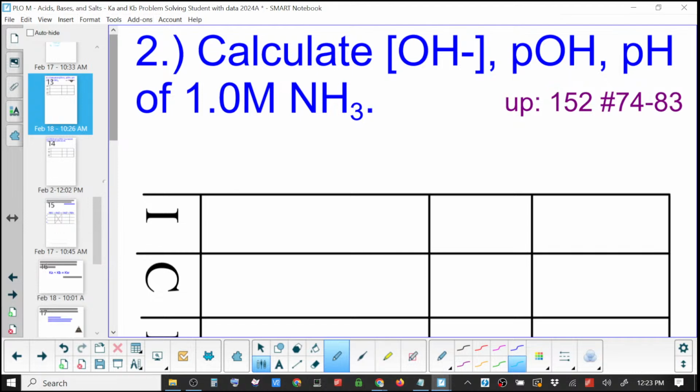Yeah, we can find the K. KW equals 1 times 10 to the negative 14. So you subtract it? How do you subtract it? It is a -5.